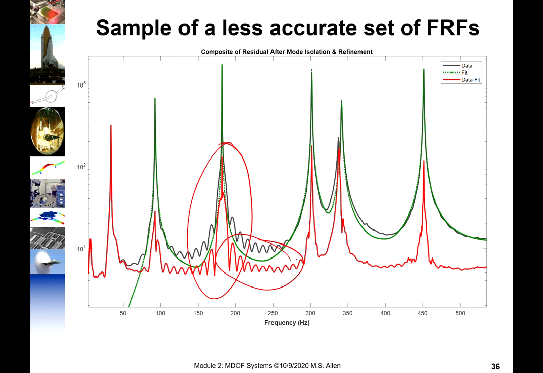In any event, this is not a very good set of data. You can see the curve fit doesn't fit too well. By the way, ignore this peak. There are actually 2 modes at that frequency, it appears, and so this one is just a mode that wasn't fit. But at all the other peaks we see quite a bit of leakage, so we know we should go back and take this data again.